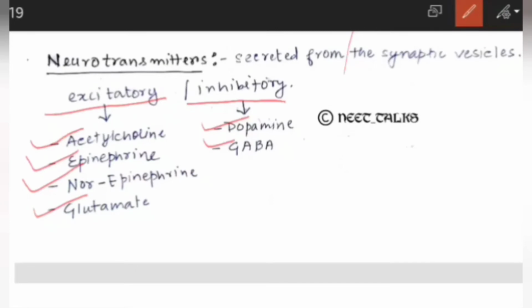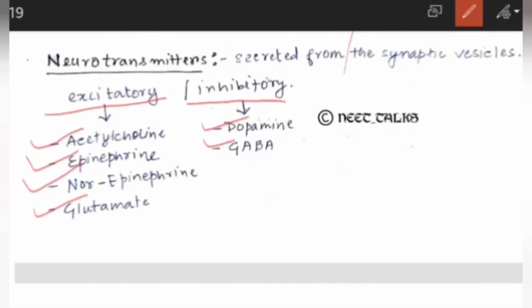But this is the excitatory neurotransmitter. How is this happening? This is happening because our neurotransmitter is excitatory or inhibitory based on the receptors which accept the neurotransmitter. Our neurotransmitter can be inhibitory as well as excitatory.